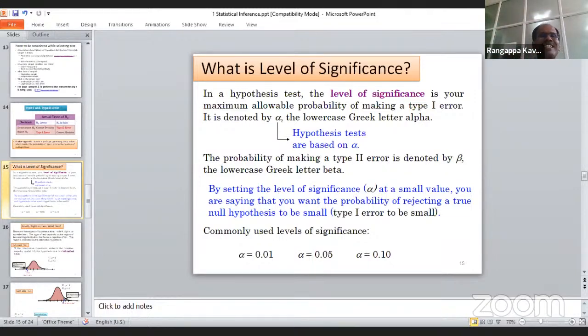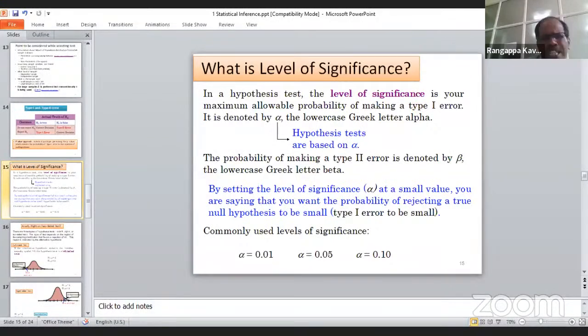I mean to say that you may reject the null hypothesis when actually it is true. That is called the type 1 error. Testing a hypothesis at 1% means you are rejecting the null hypothesis when actually it is true, so making such a mistake is 1% only. So this is called the level of significance in the hypothesis testing procedure.